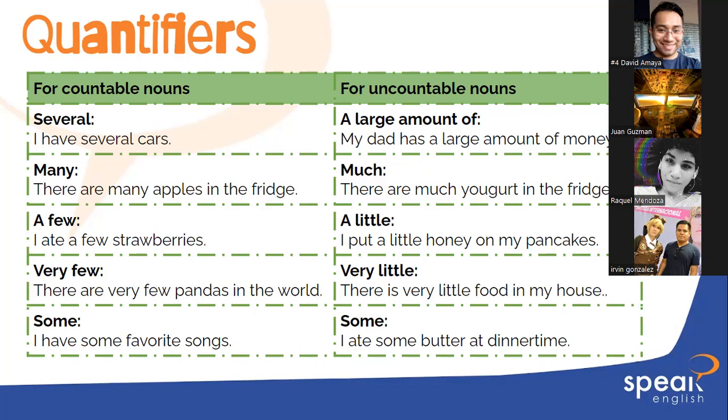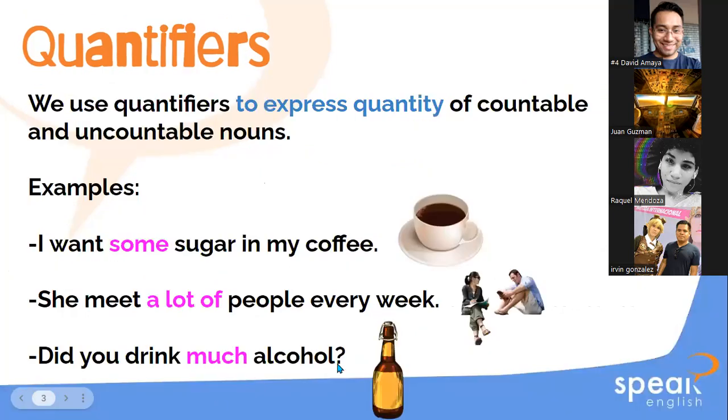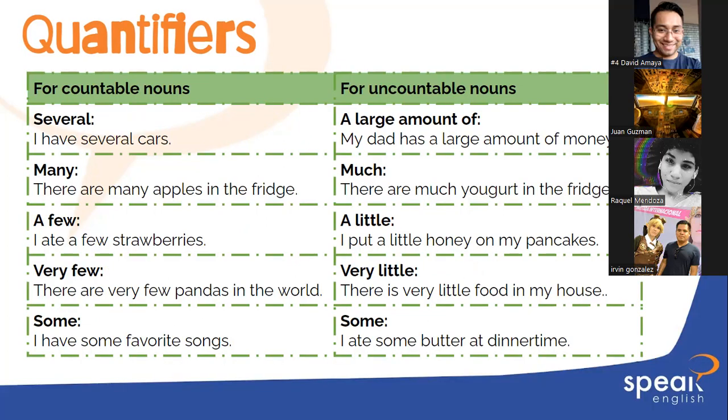When I was younger, I drank many beers on weekends. Okay, that's a good example. You see, now you don't use alcohol, you use beers, and you can count how many did you drink, right? So that's a very good example.